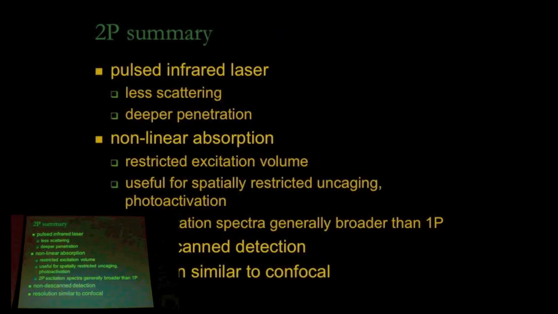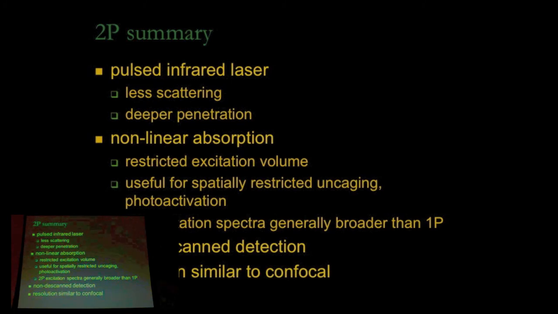Okay. So with the 2-photon, you're using infrared light, so there's less scattering and deeper penetration. It's a nonlinear absorption process, so you get a restricted excitation volume. And you can also use that for photoactivation. On the setups in my facility, the systems have 2 sets of scan mirrors and 2 lasers.